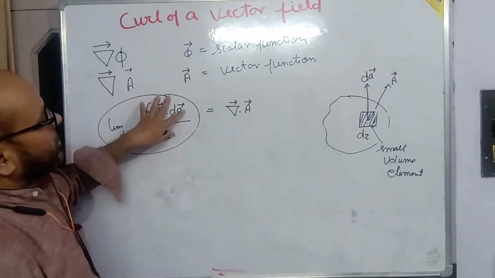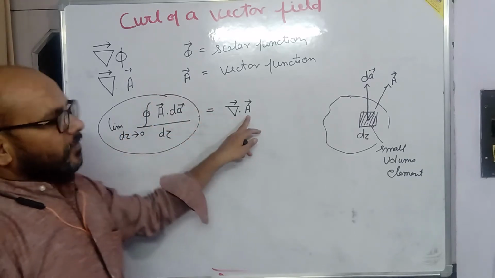This is known as the divergence of the vector field A.